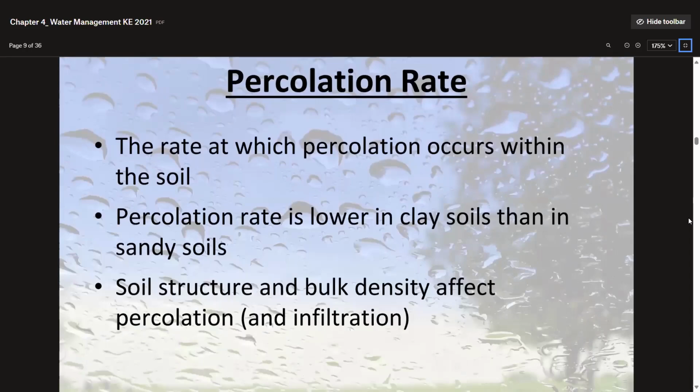The percolation rate is the rate at which percolation occurs within the soil. The percolation rate is lower in clay soils than in sandy soils. You might want to make a note of that. Percolation rate is lower in clay soils than in sandy soils. Soil structure and bulk density affect percolation and infiltration. Okay.